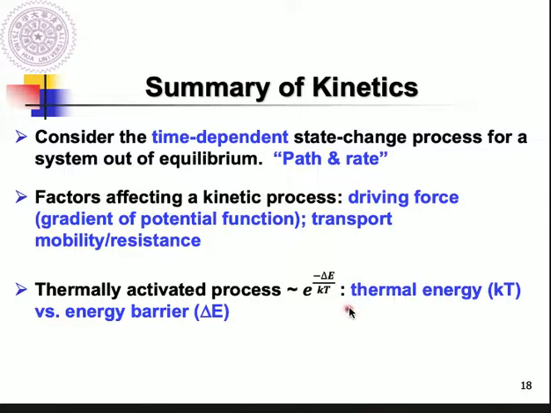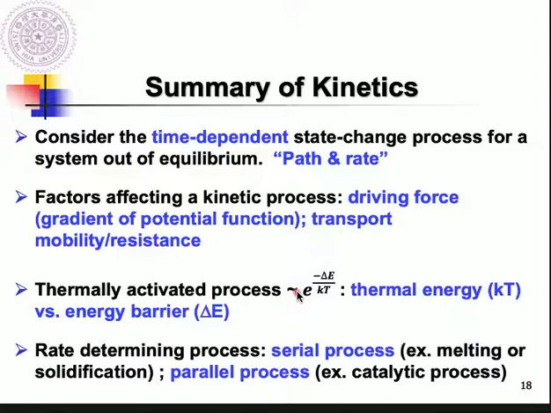So you can estimate it as exponential of minus delta E, the energy barrier, over kT. When we have a thermally activated process, we can have some concept of how many atoms have a certain amount of energy. We can use this exponential function to make a rough estimation.